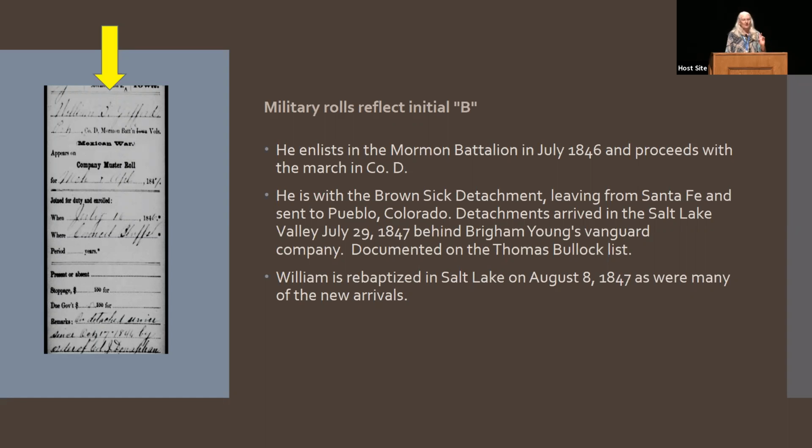And so it would list what was on the original roll. We can see it on the original roll, but in this instance, I just put for you to see the compiled military service record, and there is the initial B in that. We were able to start to verify we had the right guy.